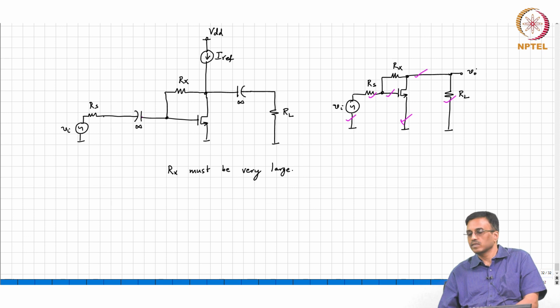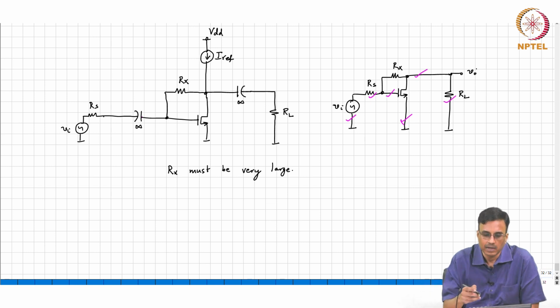Okay. So, one is you can do the math, right. Intuitively, when you say large Rx, it must be large with respect to what? Intuitively, Rs. Okay, let me give you a hint.